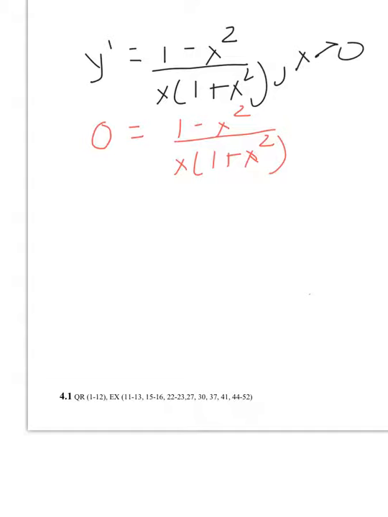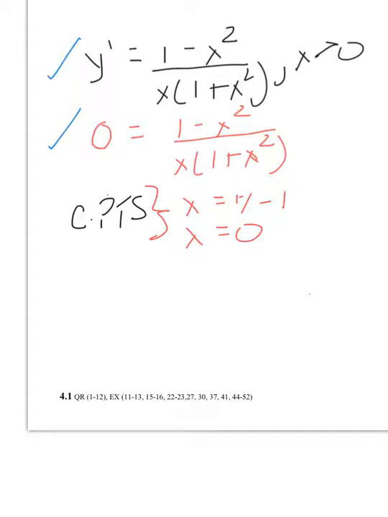Okay, so I've declared what my derivative is, simplified. I've declared that I'm analyzing the derivative, setting it equal to 0. That's a really important step to communicate how you're using the derivative. So now I'm going to state what my critical points are. My critical points are where the derivative is equal to 0.